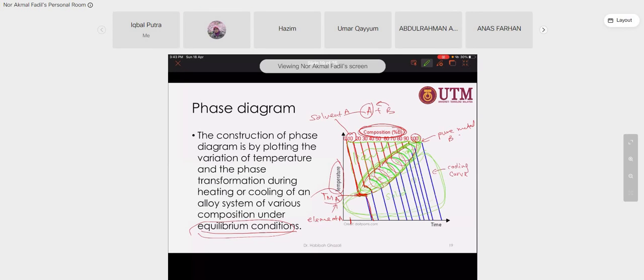Is it element A or B? A solid solution of A and B. Or we give it a name, phase alpha, for example. A new phase, irregular, A and B. All right, so that's good. So new phase.